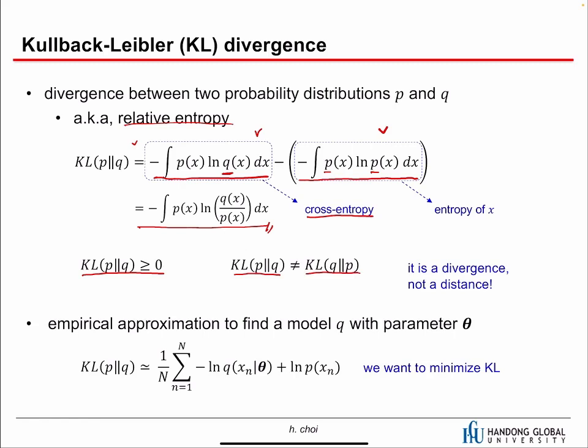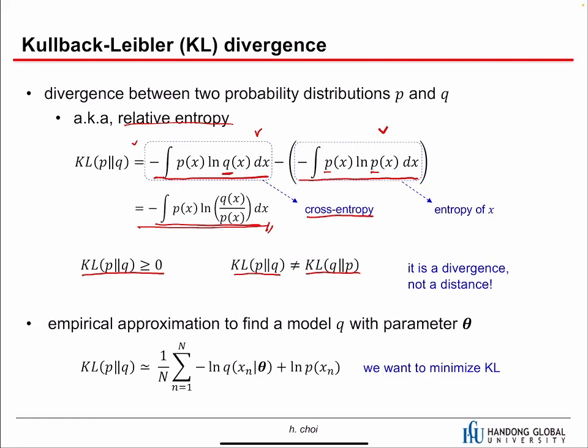If you look at this equation, you can see that. If we swap them, the KL divergence is different. Since it is not symmetric, KL divergence is not a distance, it is a divergence. Somehow it's kind of a distance between two probability distributions, but technically it's not a distance.